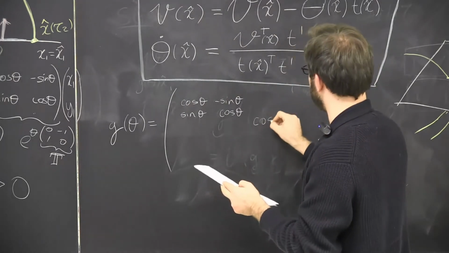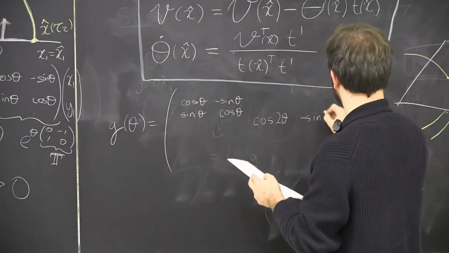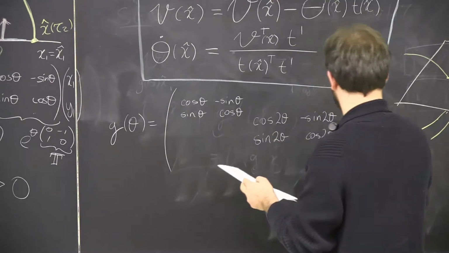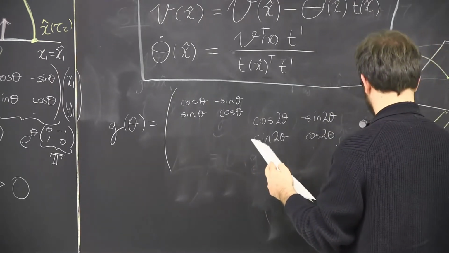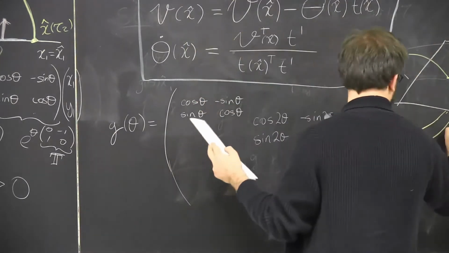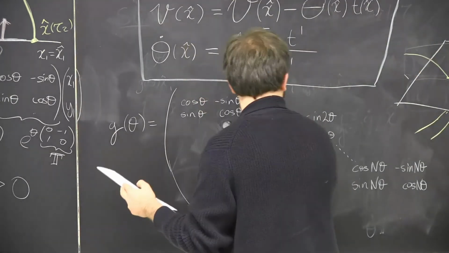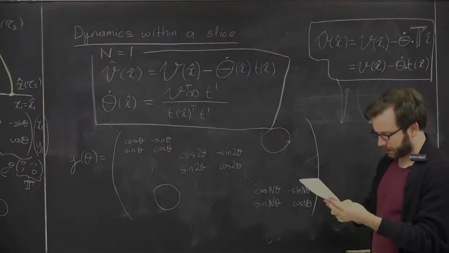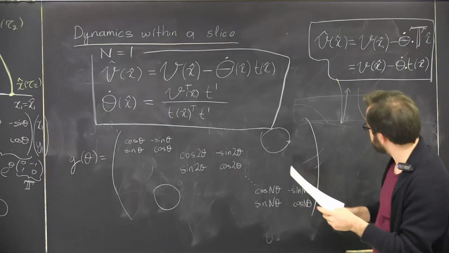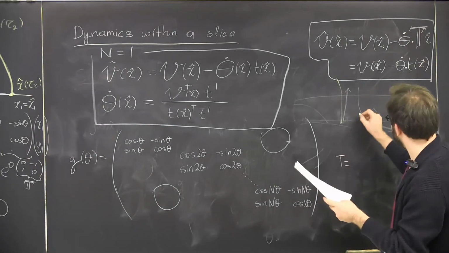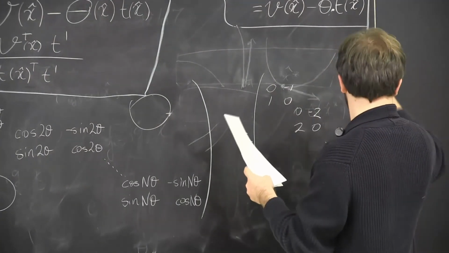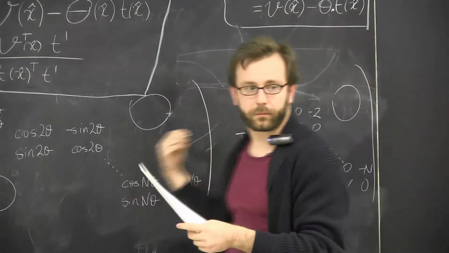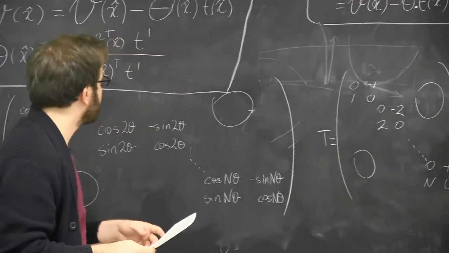The block diagonal matrix, and zero everywhere else. And then the corresponding group generator will look like, again, block diagonal, both of them.